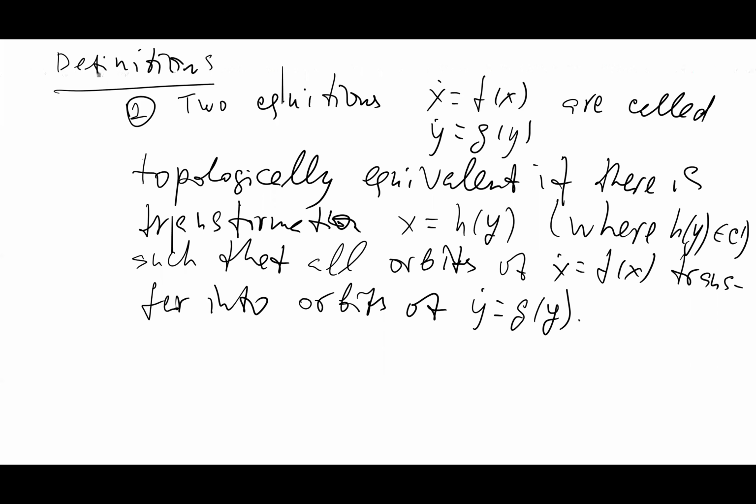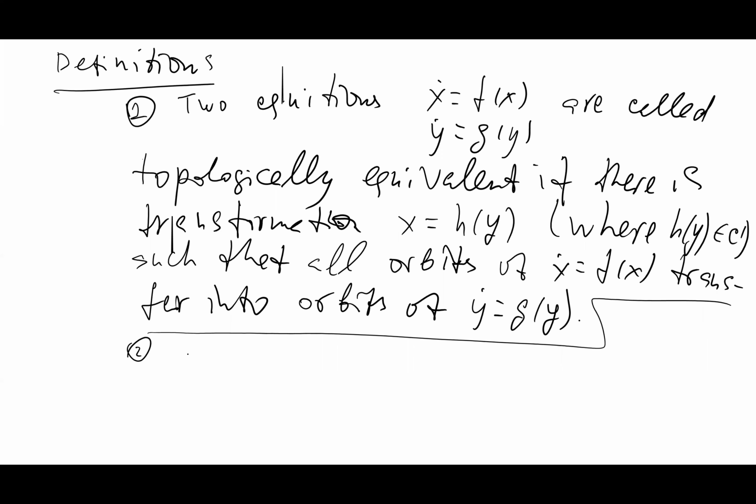So this is for two different flows, x dot equals f of x and y dot equals g of y, but this topological equivalence can also be extended to flows with parameters.